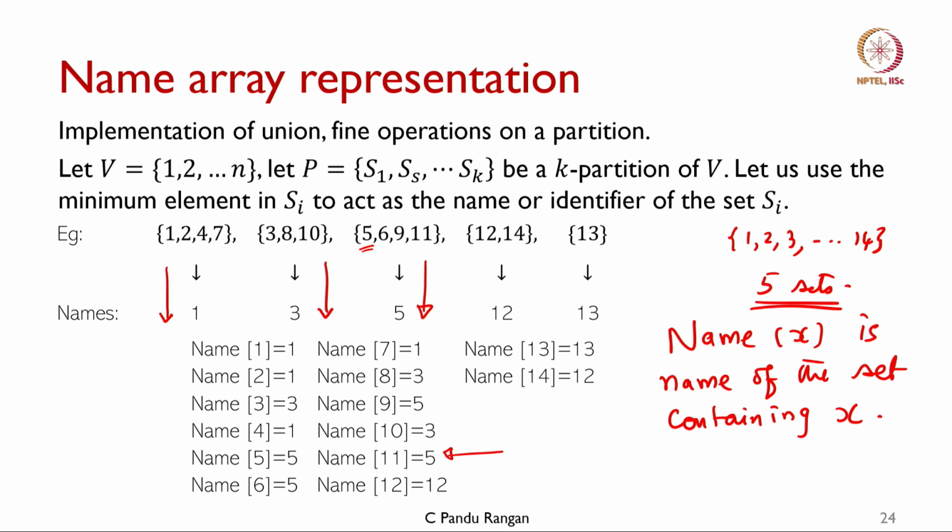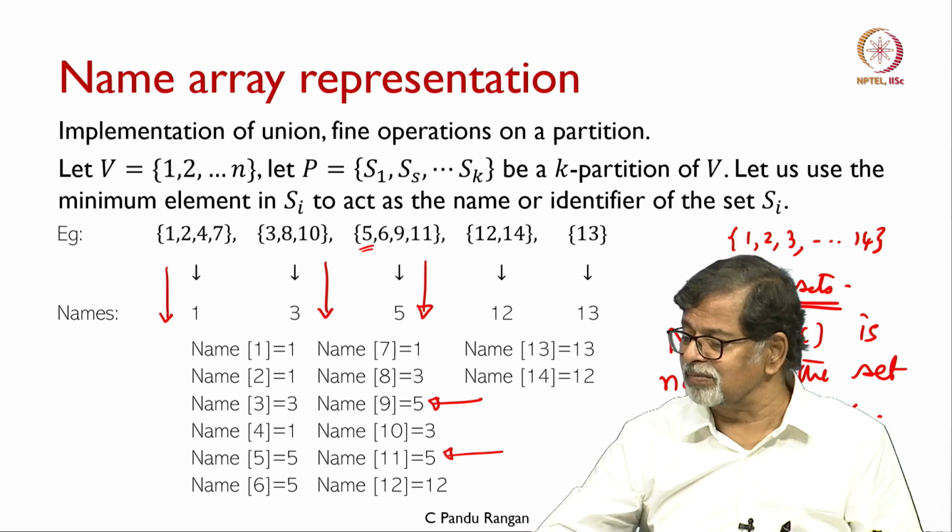Why is the name of 9 equal to 5? Where is 9? 9 is in the set 5, 6, 9, 11. For that set, what is the name? 5 is the name. Therefore, the name of 9 will be 5. This is called the name array representation.